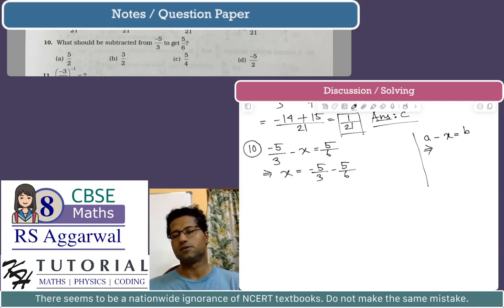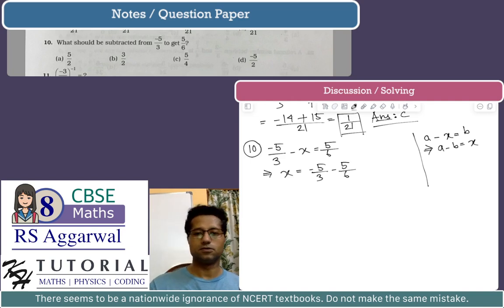So this is like solving a linear equation in x. If we bring the x on the right hand side, and if we bring all the constants to the left hand side, we will get a minus b equals x. So x is equal to a minus b. So that is exactly what I have done. x is equal to minus 5 by 3 minus 5 by 6.